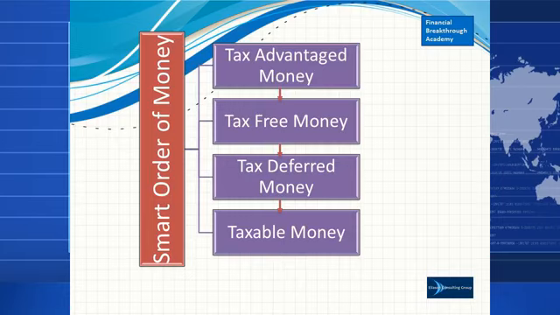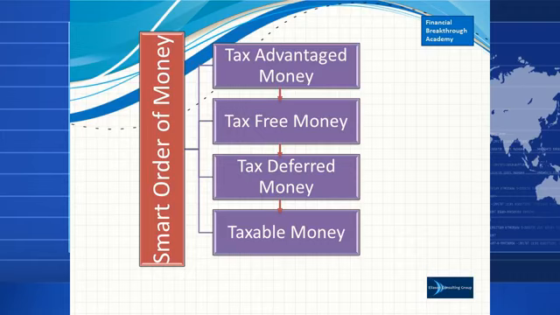You may have a dollar bill in your pocket, money in your wallet, money in your bank account, or money tucked away under your bed. It could be in some kind of a bond, some investment, a business, whatever format your money is currently in. It falls under one of four major orders or categories, and we categorize that based on what the industry calls the smart order of money.